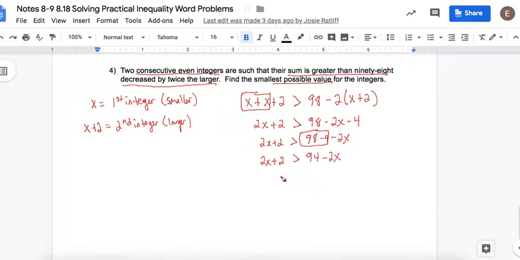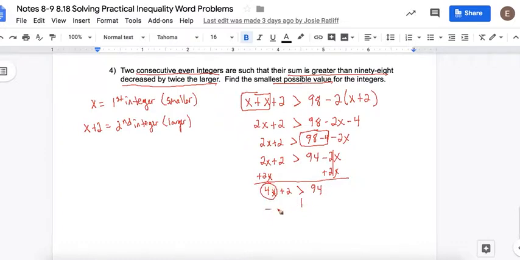Okay, now, if I want to keep a positive variable, I need to add 2x to both sides. These two x's are going to cancel, and 2x plus 2x is 4x plus 2 is greater than 94.